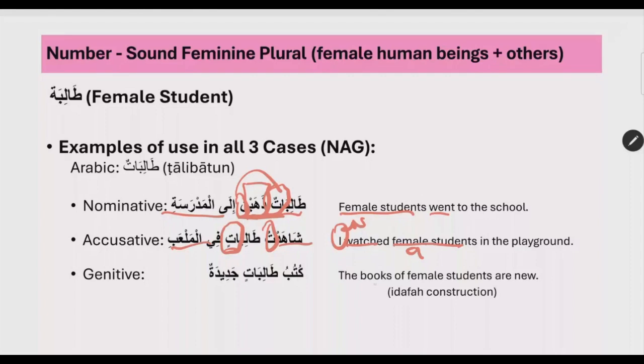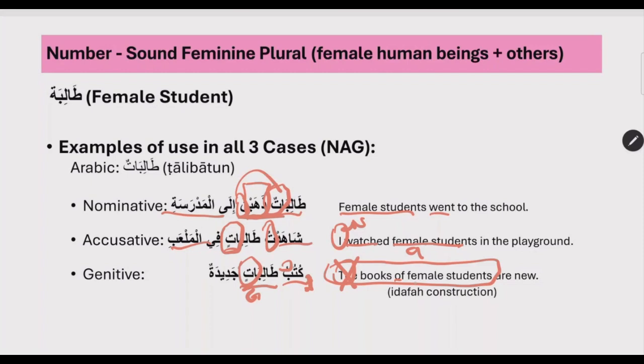Then we have another example, the books of female students. Now here, this is an idafa construction here, which we haven't covered, but I'm just going to show it to you now, where the first noun doesn't take an L, can you see, but it is definite by virtue of one vowel sign. So this is the feature of an idafa construction, where the word the is indicated but not shown, right? And then talibat is the plural form, and atin is the genitive form of it.